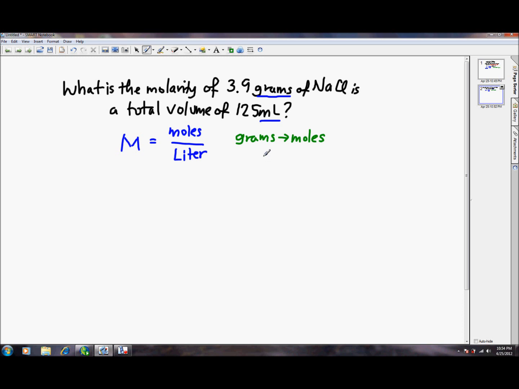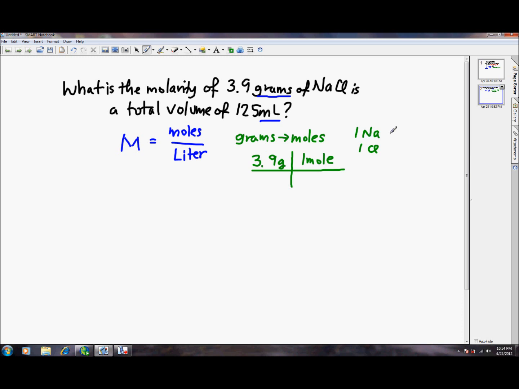Okay, if you remember from doing mole conversions, I'm going to have to take the 3.9 grams times 1 mole over molar mass. And look, it's a compound. So I need the molar mass of Na and Cl. I have to add those two things together.